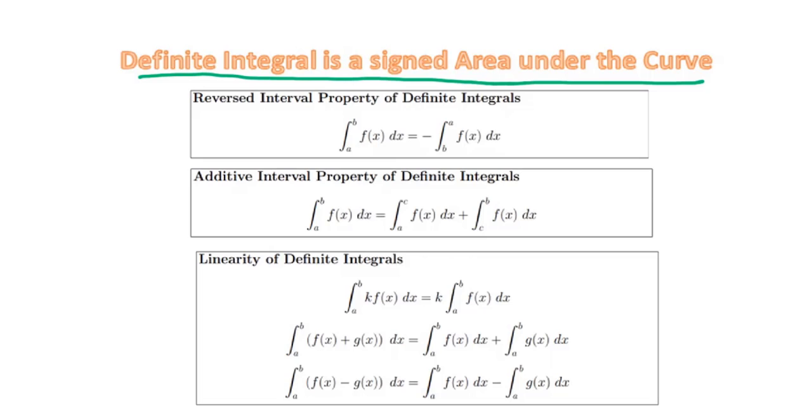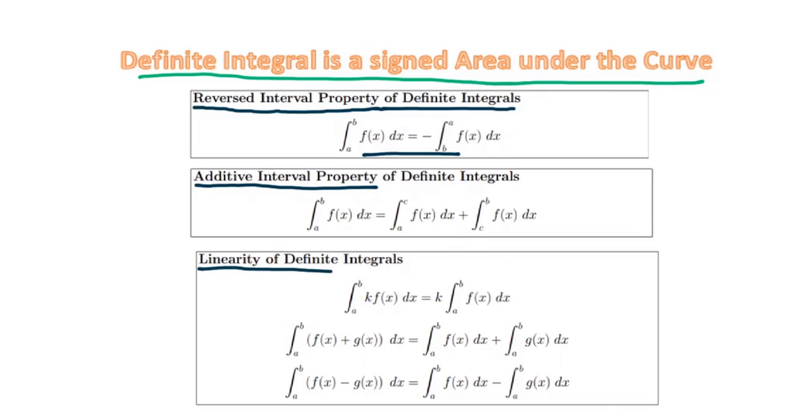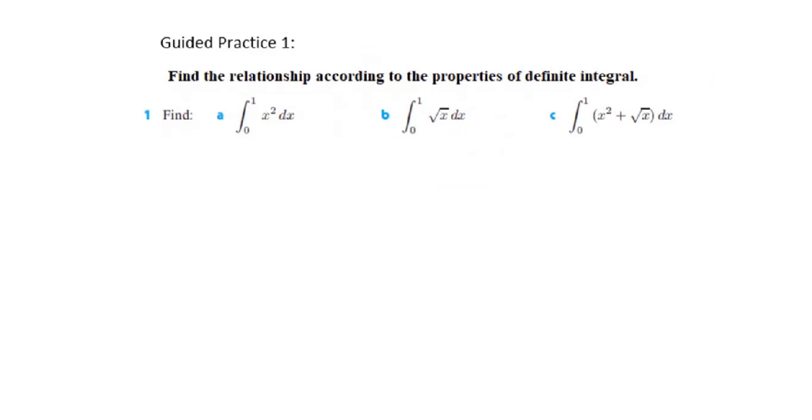And also we have a reversed interval property like this. Additive interval property and linearity of a definite integral. Therefore, you could say for number 1, the interval didn't change.